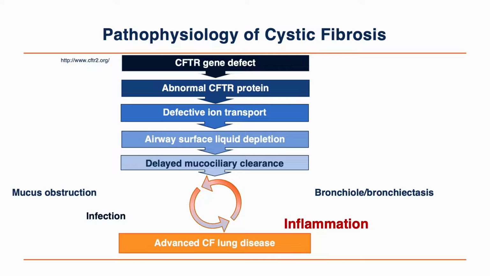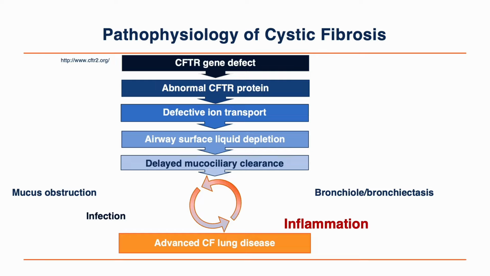When the airways are dehydrated, there's delay in what we call mucociliary clearance, which is the mechanism by which mucus is moved out of the lung. As a result of that mucociliary clearance defect, we have a mucus obstruction on the far lower left that allows the environment for infection. That infection causes inflammation or white blood cells to migrate into the airway to try and fight infection.